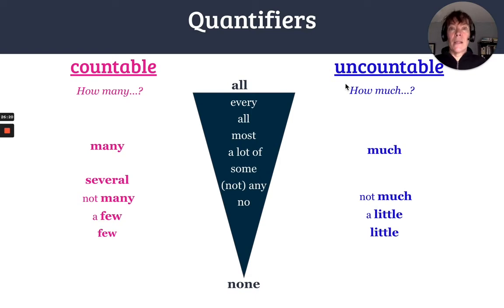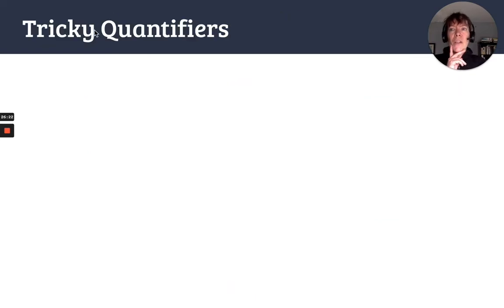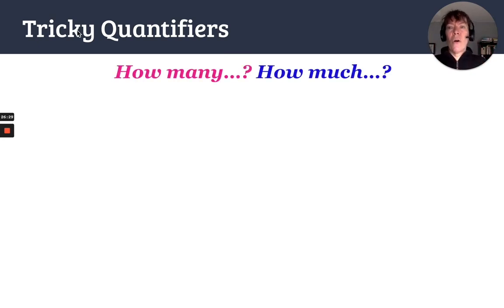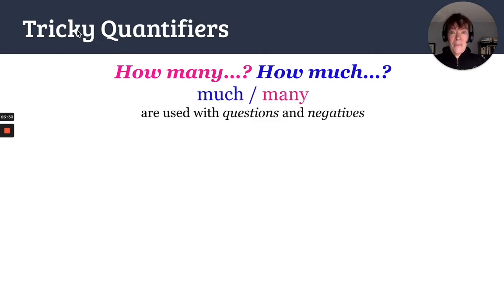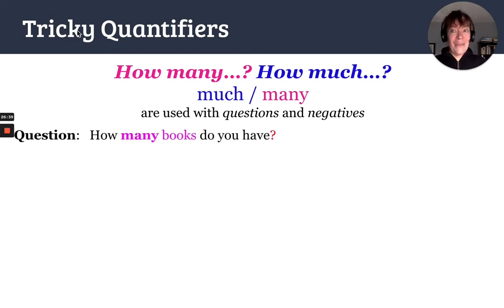Now let's practice a little because they're a little tricky. Tricky means difficult and easy to confuse. So, tricky quantifiers. Much and many are used with questions and negatives. Only questions and negatives. How many books do you have?